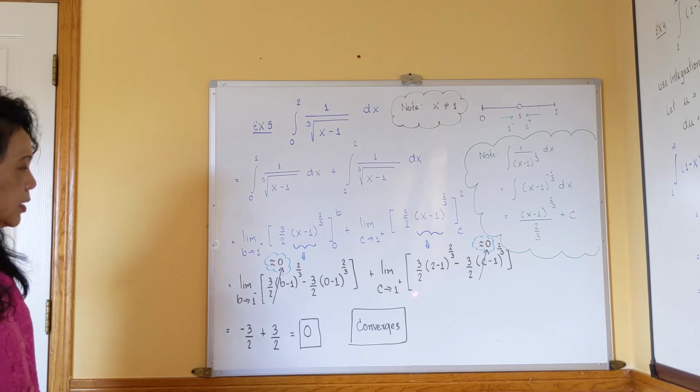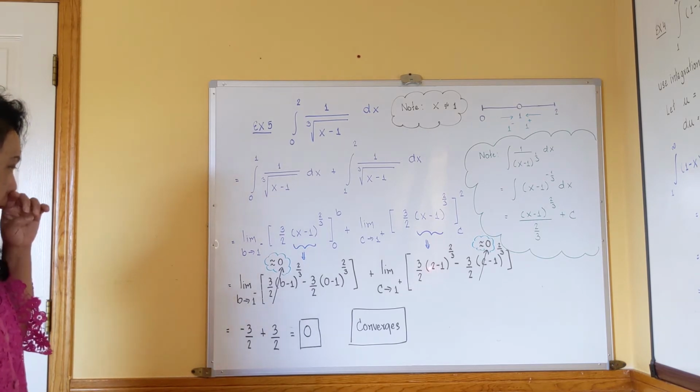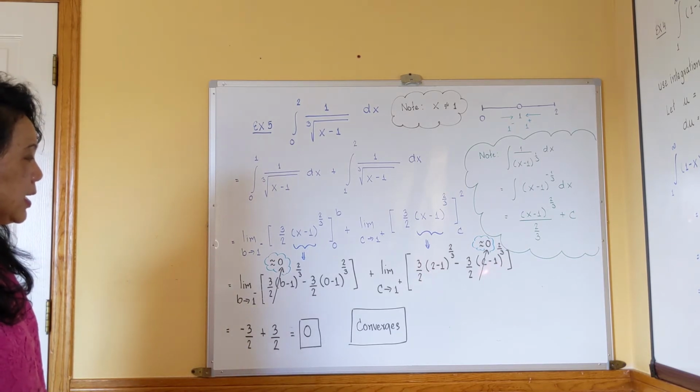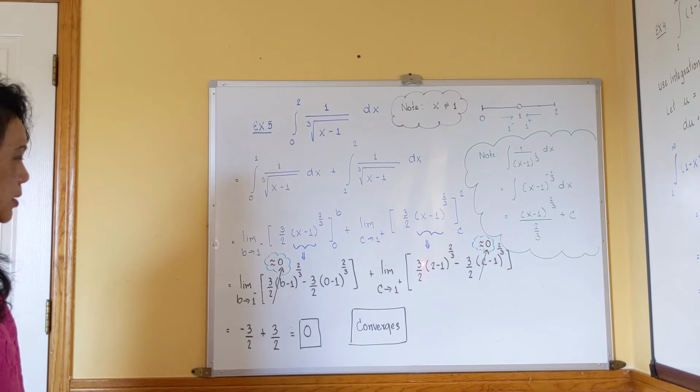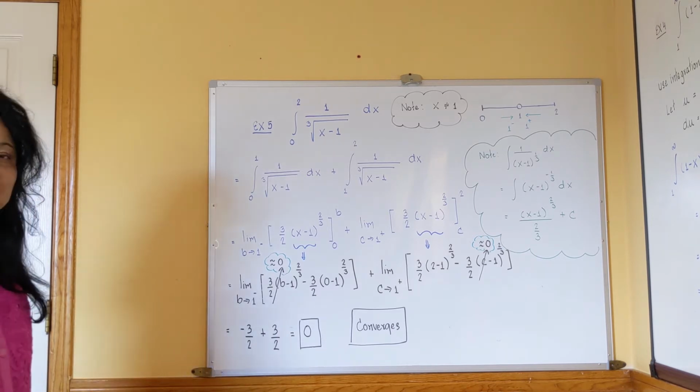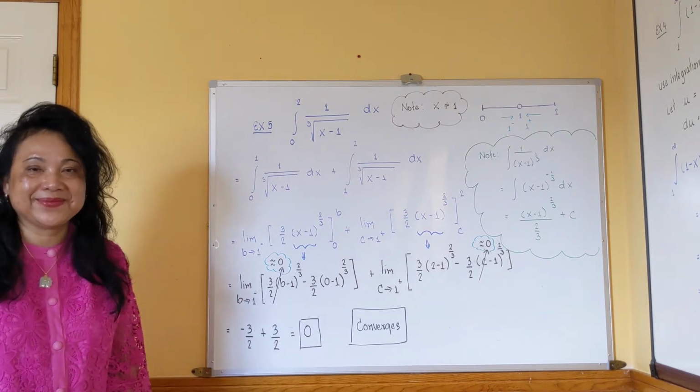For the second term here, 2 minus 1 is 1, and 1 times 3/2 is 3/2. As c approaches 1 from the right, c minus 1 approaches about 0. So you're going to have positive 3/2. So negative 3/2 plus 3/2 is 0, which converges. So I'll see you in the next example.